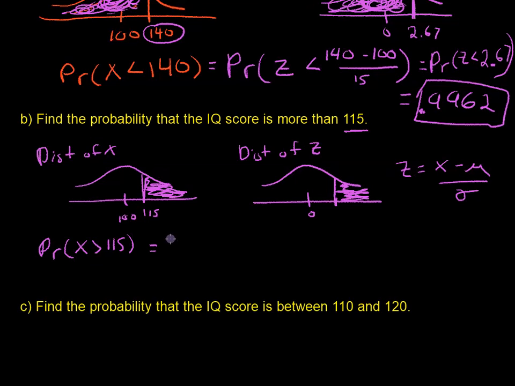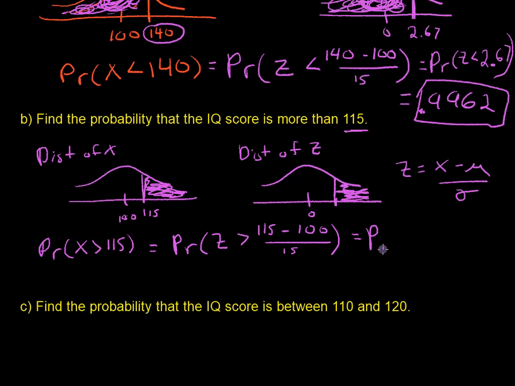Oh, let me erase that. It doesn't make sense to write that without the probability. So the probability that z, so change the x to a z, is more than 115. So 115 minus mu, which is 100, divided by the standard deviation, which was 15.